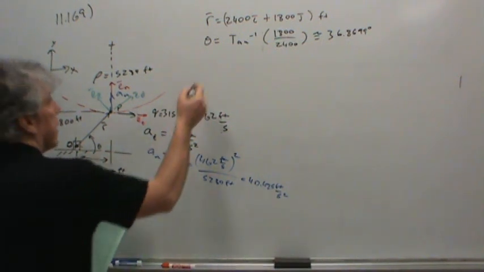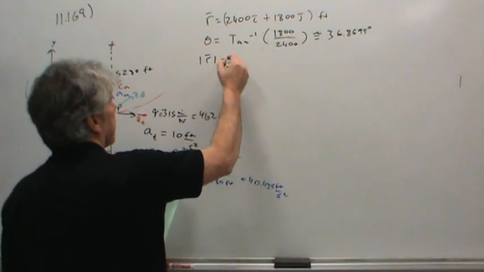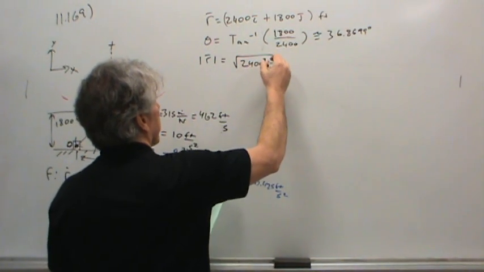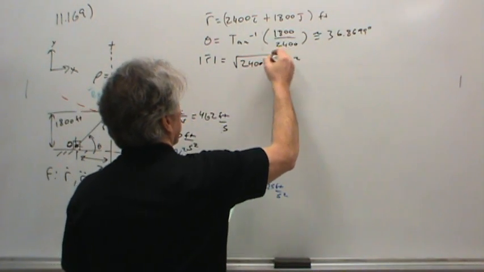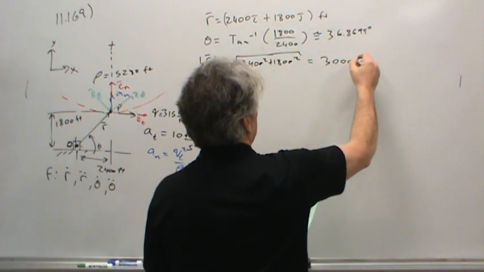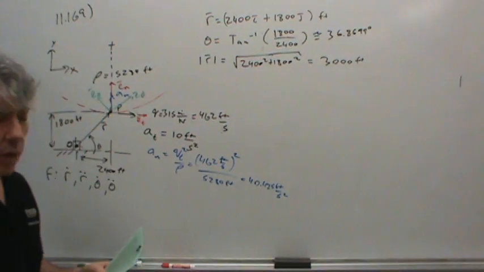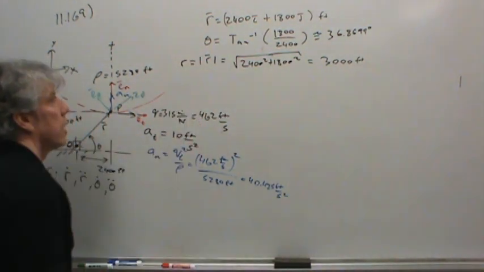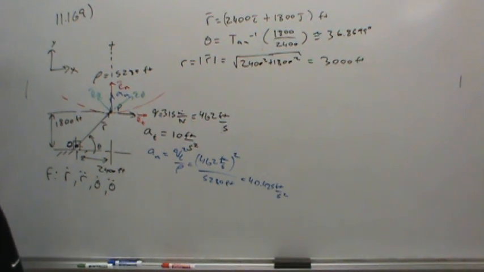And by the way, while we're at it, why not calculate the magnitude of R? Root 2400 squared plus 1800 squared, square root. Pythagorean's theorem gives us 3,000 feet. They gave us a nice round number for the length of R. So this is what we would have referred to before as R when we use the velocity and acceleration equations. Okay?